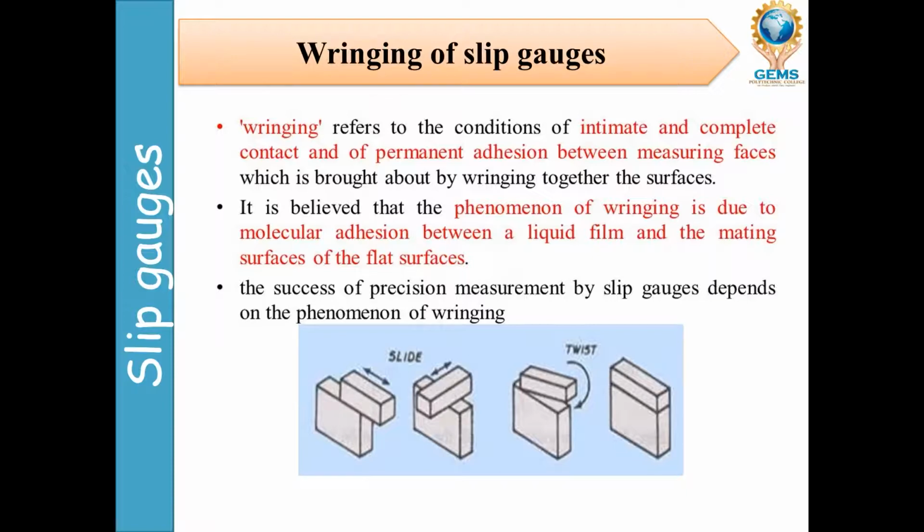So after the perpendicular step is over, we can slide, so both will be on a similar axis. If you twist in that ringing process, automatically both will be rung together. The gap kept between the two slips is very small, about 0.00635 micron, right?